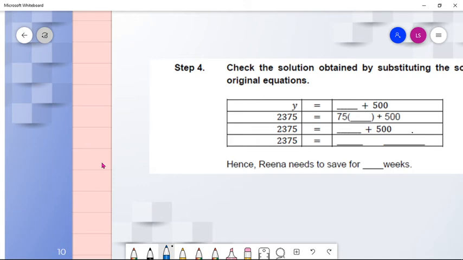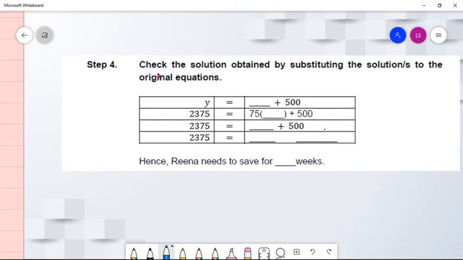After that, let's check it. Check the solution obtained by substituting the solution to the original equation. So we have here y is equal to 75x again. And the value of our x is 25.